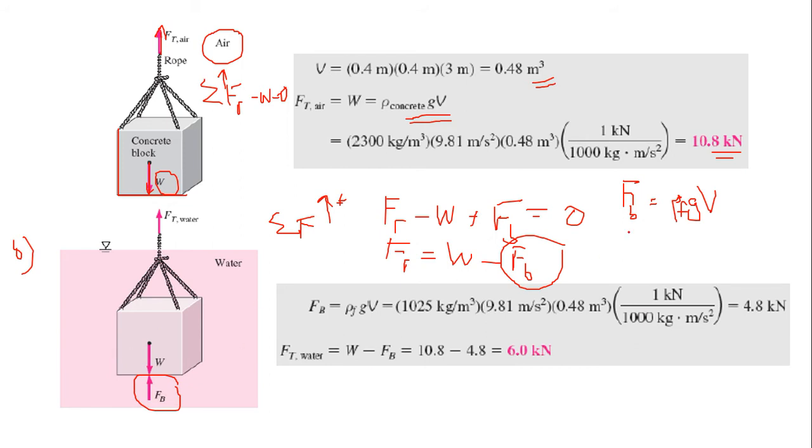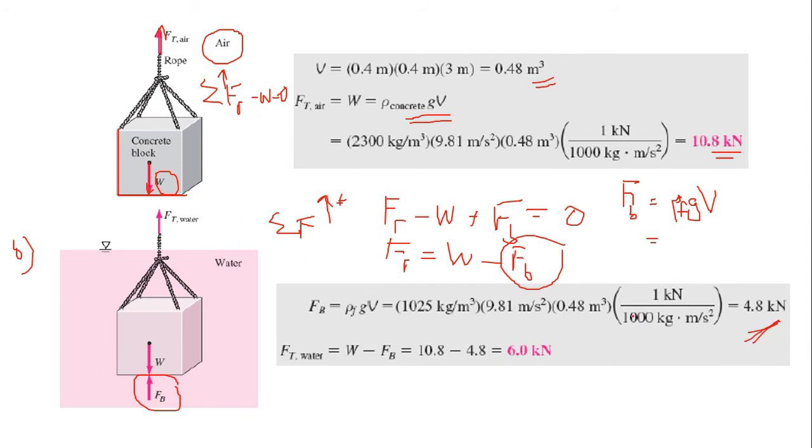So you have the rho of the fluid, which is 1025, G is 9.81, and V is 0.48. So now you have the value for FB, which is 4.8 kilonewton.